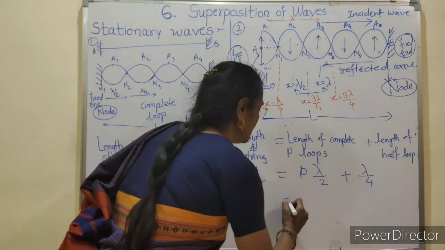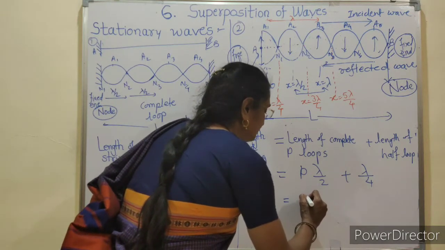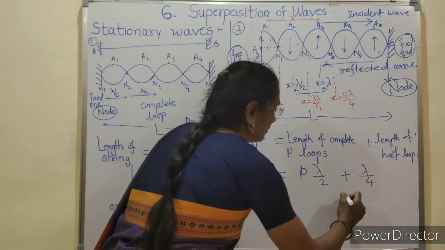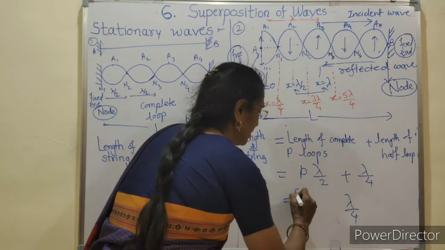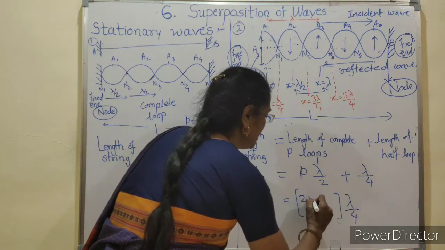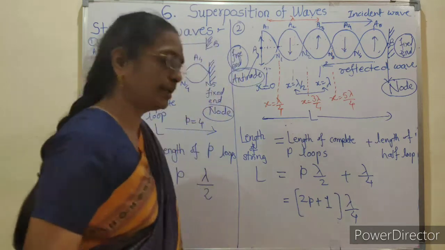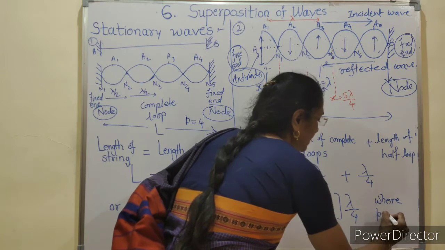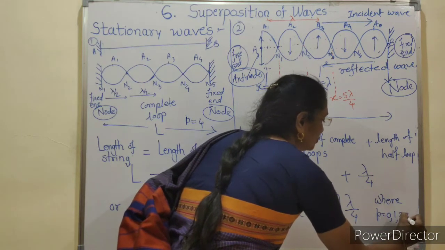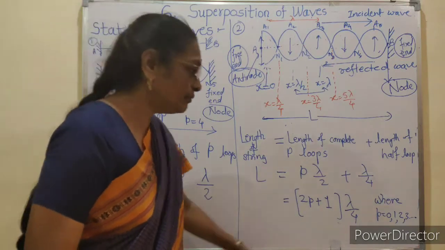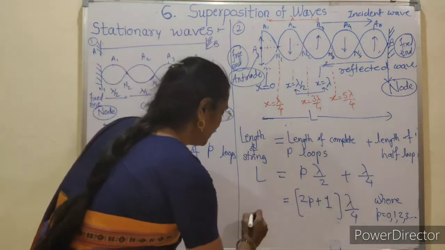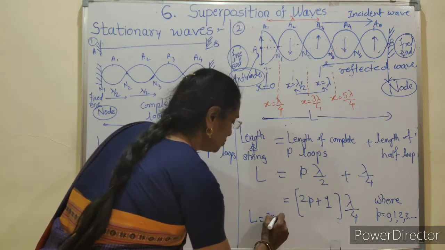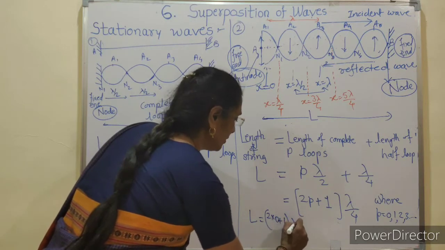We adjust it as lambda by 4 taken common, and inside the bracket we write twice P plus 1, where P can take values 0, 1, 2, 3, etc. If we substitute P equal to 0, we get twice P, P is 0, plus 1, into lambda by 4.